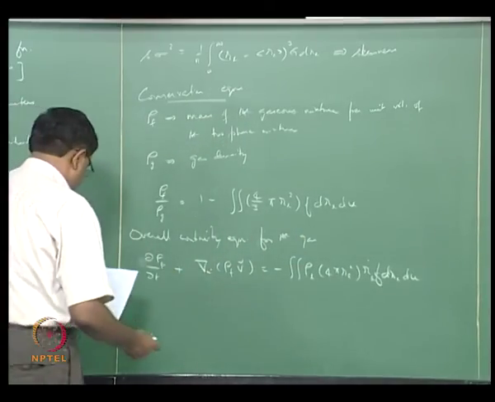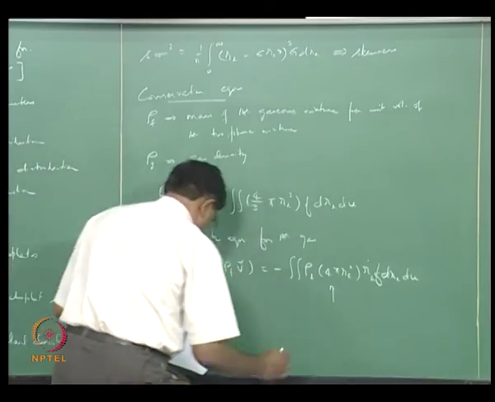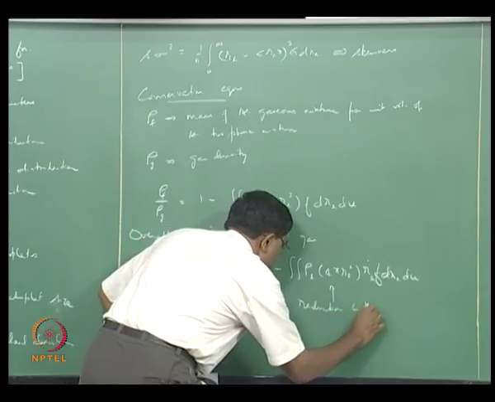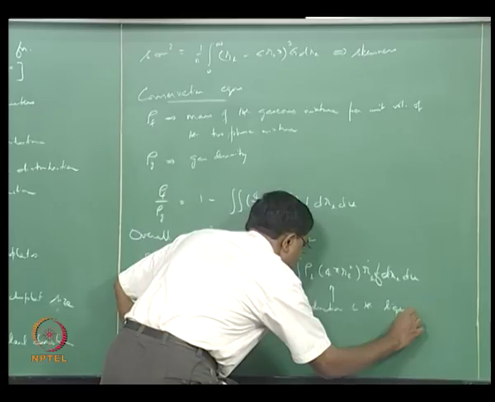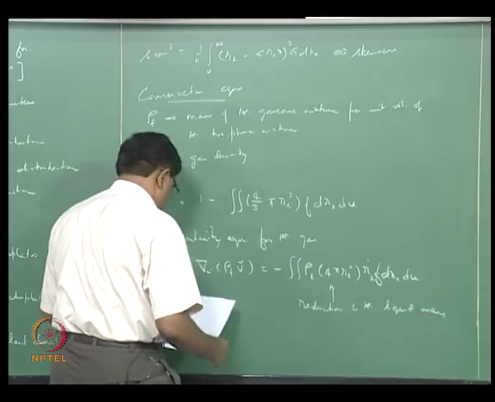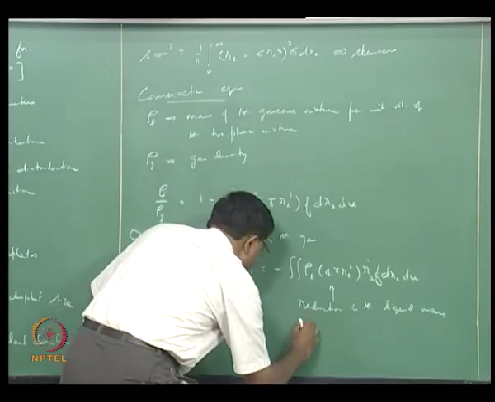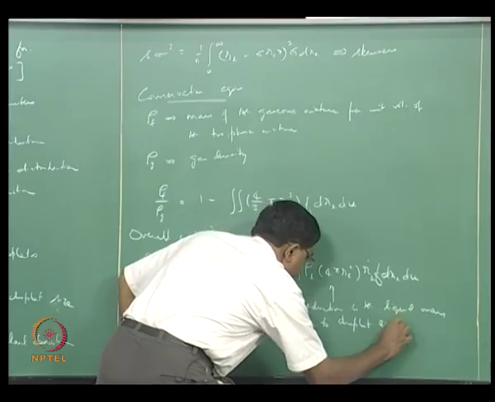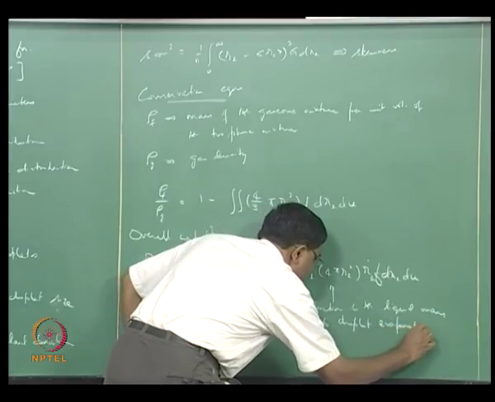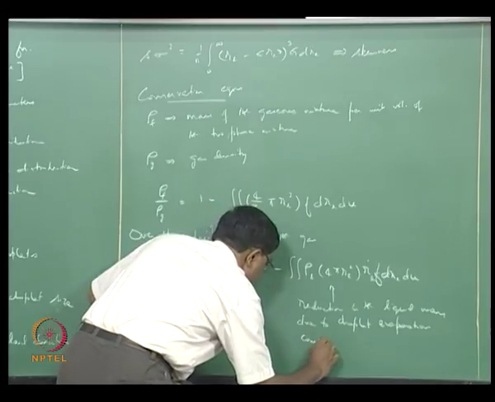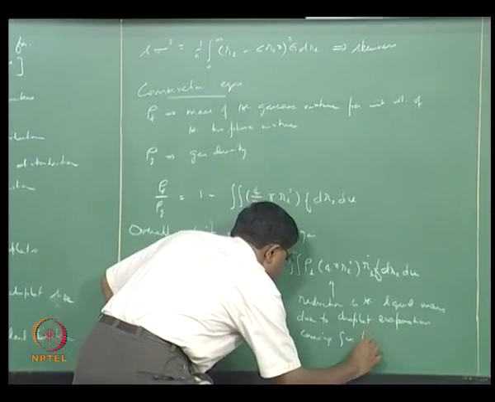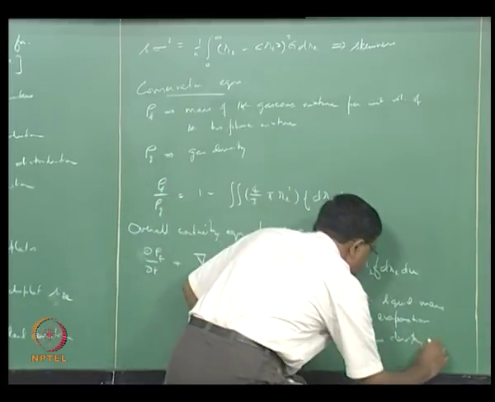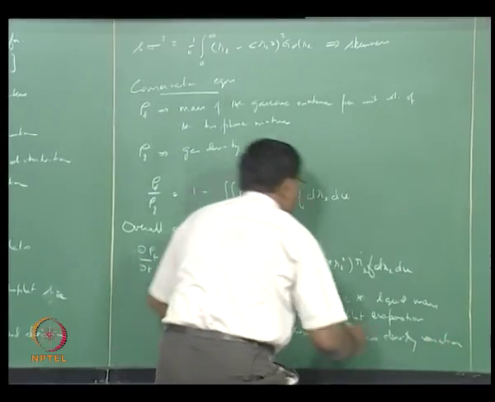So this is coming from reduction in the liquid mass due to droplet evaporation, causing gas phase density variation.